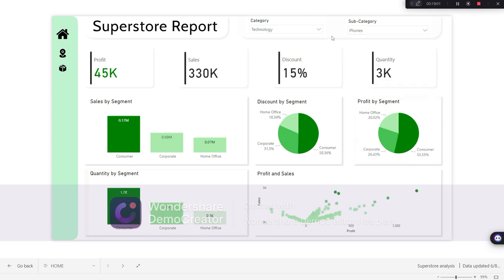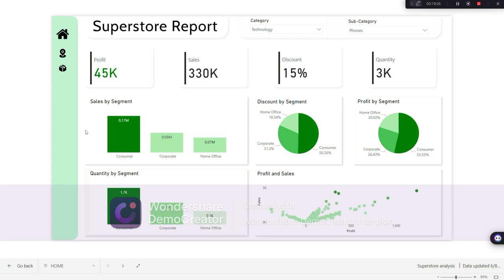Next one is phone. We made 45K profit on 330K sales, and nearly 15% average discount.